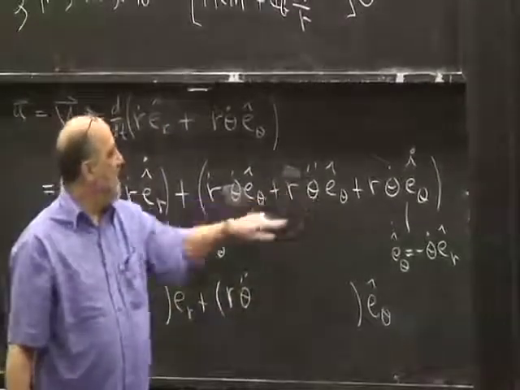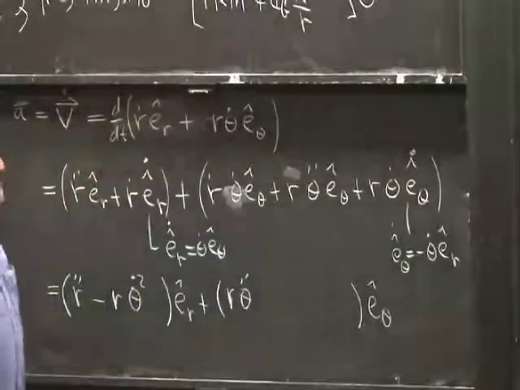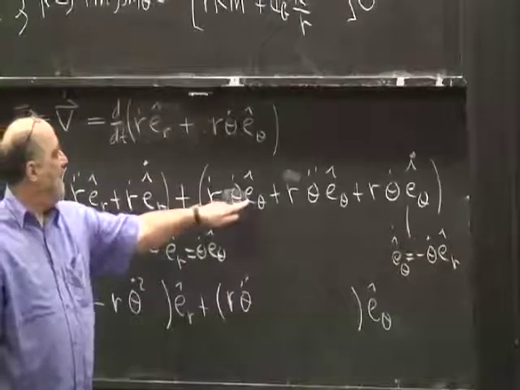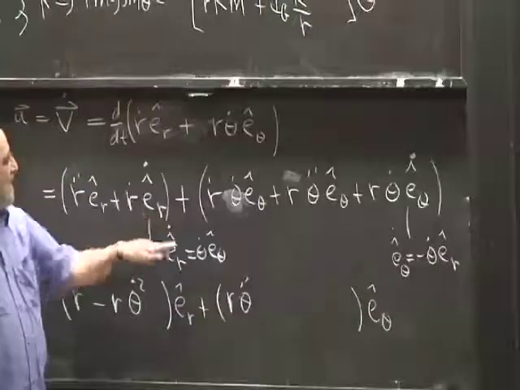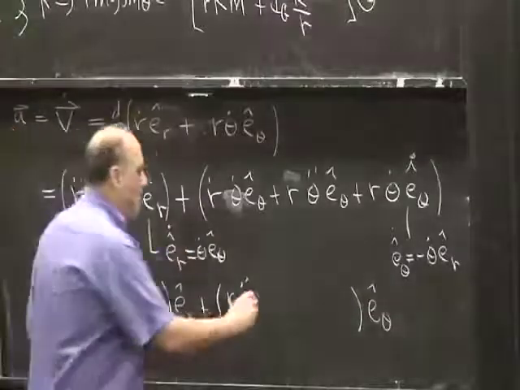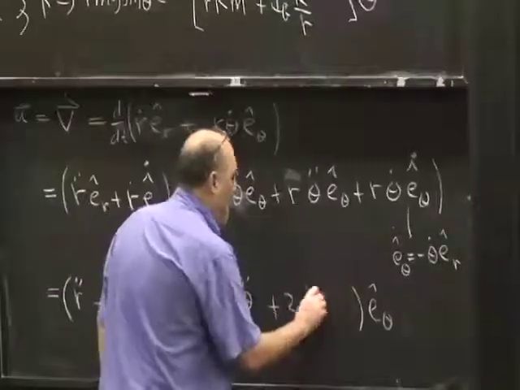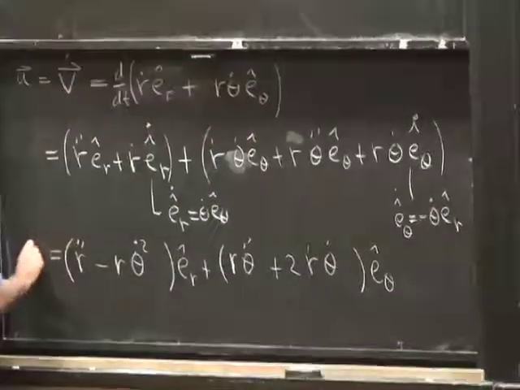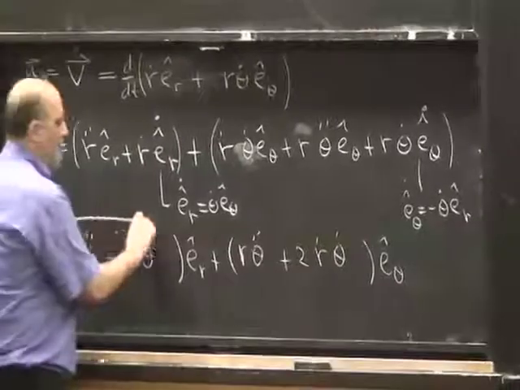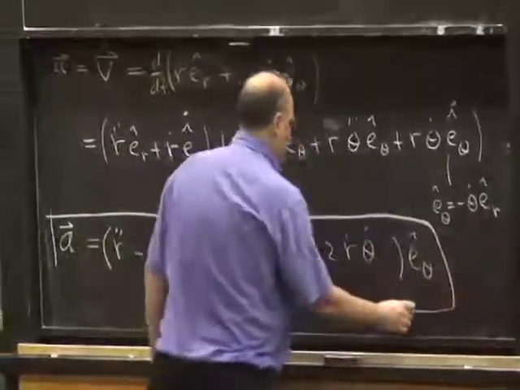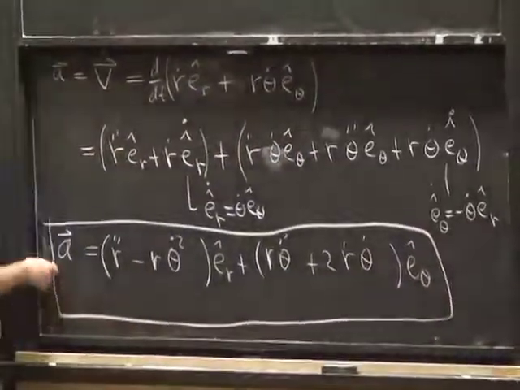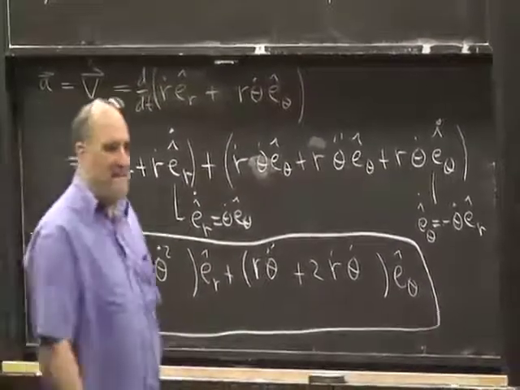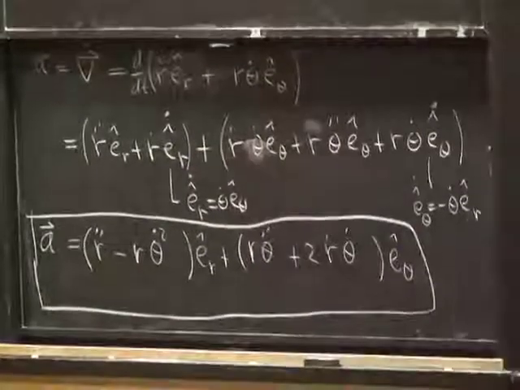And then we also have r dot theta dot e sub theta, and another r dot theta dot e sub theta. We have plus 2 r dot theta dot e sub theta. So this then is the polar coordinate formula for acceleration. And it looks like a little bit of a mess. I'm going to now talk through this so you can understand it. Any questions about the algebra before I talk it through?